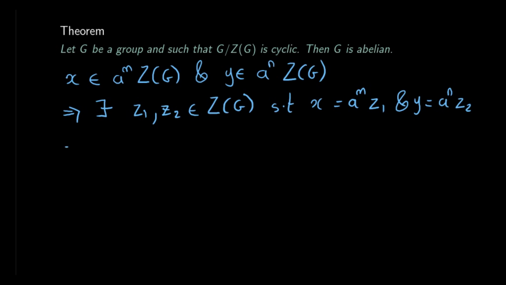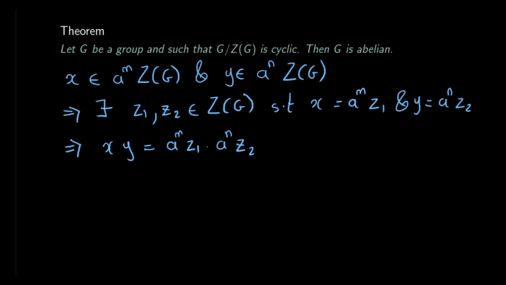This means that X times Y will be equal to A raised to M times Z1 into A raised to N times Z2.